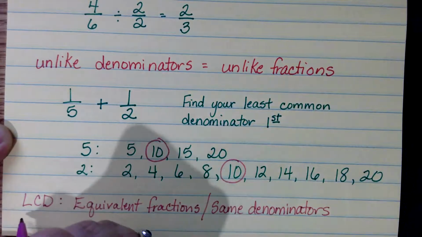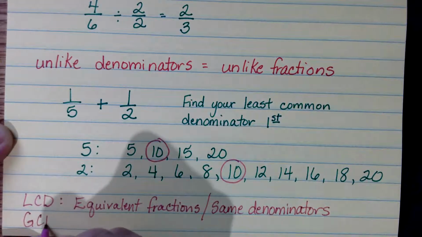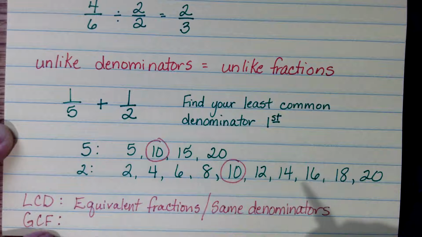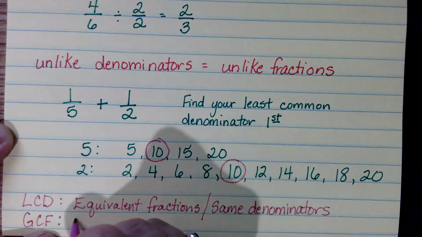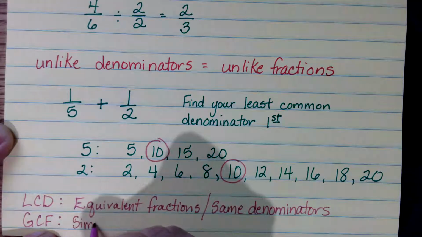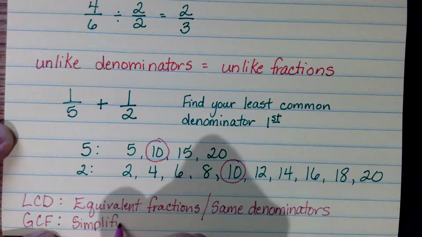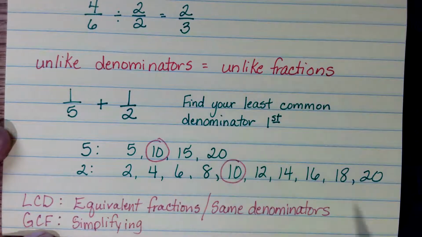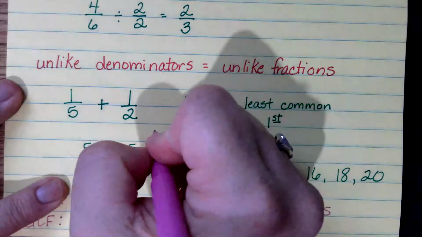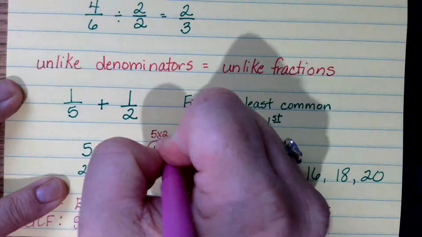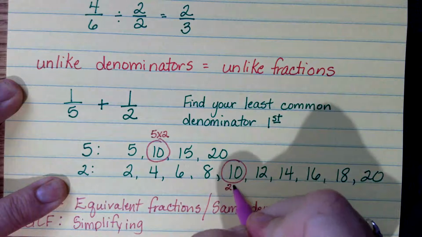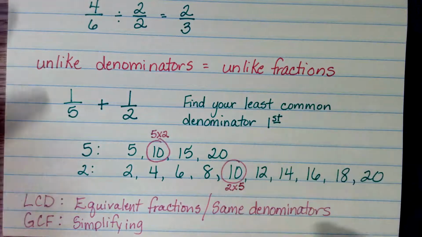And it's GCF, or greatest common factor, when we're simplifying. So when I look at this, I know that 5 times 2 equals 10. And down here, I know that 2 times 5 equals 10.